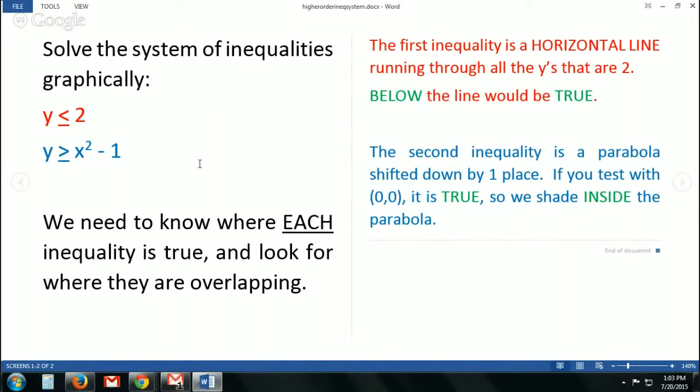Let's look at another system of inequalities to solve graphically, only this one has a higher exponent attached, so maybe it's going to be a little bit harder. First, individually looking at the two inequalities, the top inequality, y less than or equal to 2, if we pretended that that said y equals 2, it would be a horizontal line.